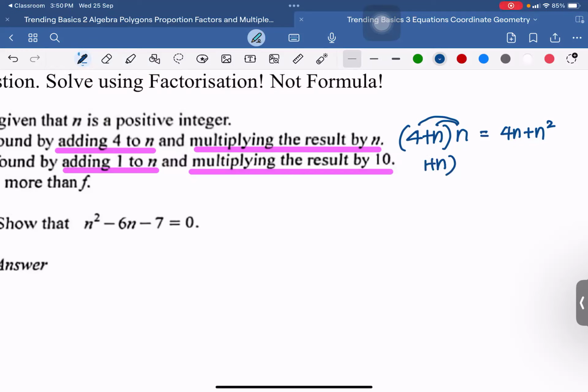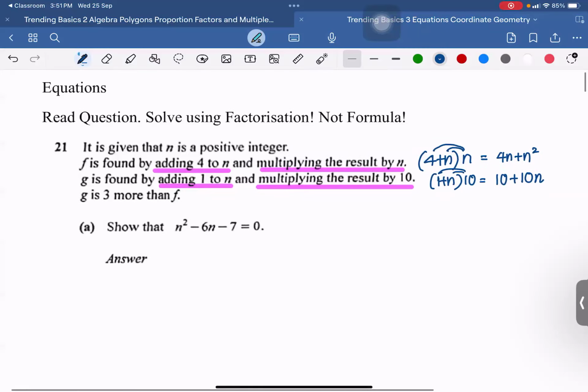Then after that, I must multiply the result by what number? Multiply by 10. Correct. Okay, so I'm going to multiply this by 10. So 10 plus 10n. Okay, so we need to handle the statement part by part, interpret it first.